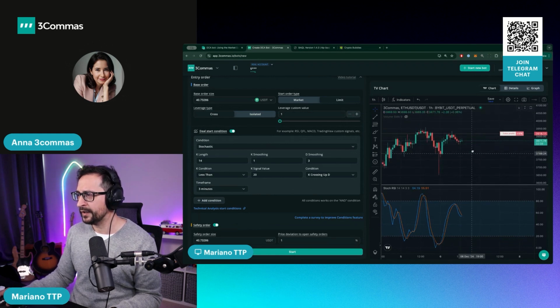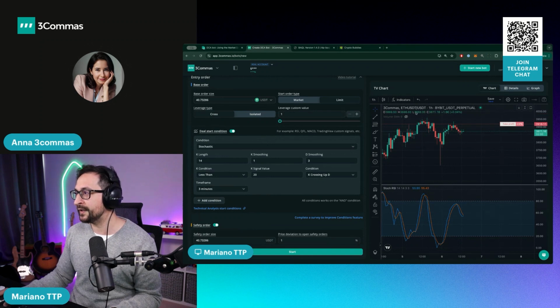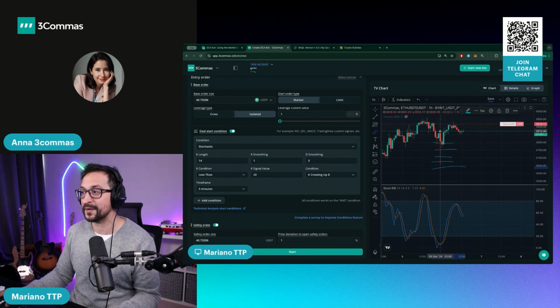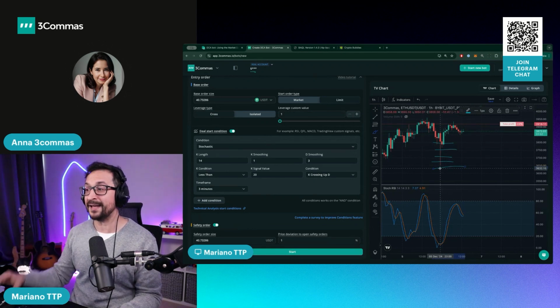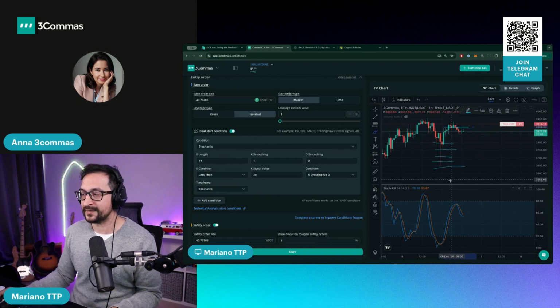Many people were panicking with this move down, but after it had the bull cross, it went up there and I already took profits. So it filled all the safety orders in this area. It filled pretty much all the safety orders because it was a move down of 7K to the downside on Bitcoin yesterday. And then I took profits somewhere in here. That was done by the bot itself.